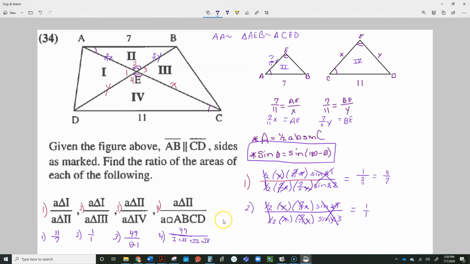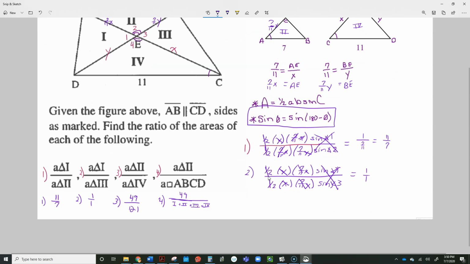Okay, so the scale factor for shape 2 was 7. So 7 squared will give us 49. The scale factor for shape 4 down here was 11. So 11 squared will give us 121. And now we found that, remember, the area of 1 to 2 was these ratios right here. Compared 1 to 2, this was 11/7.